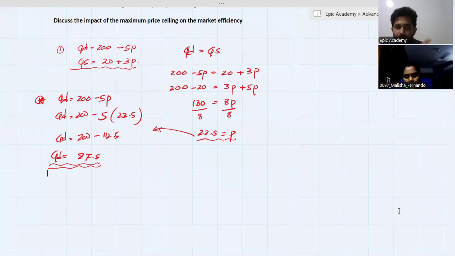But after sketching that kind of graph, you will identify that this is the actual price, this is the real price. And if you did anything wrong in the calculation, it can also be corrected by using that graph. That is why I recommend that you use it.